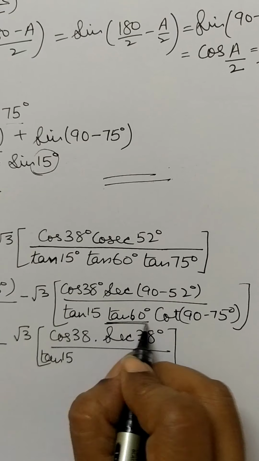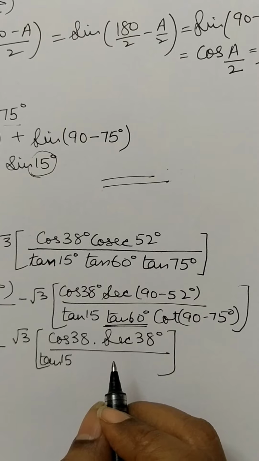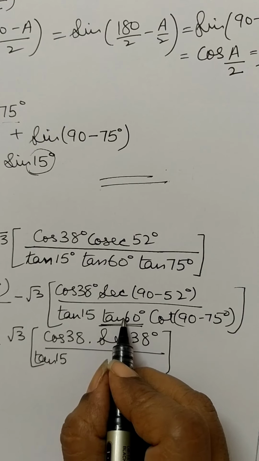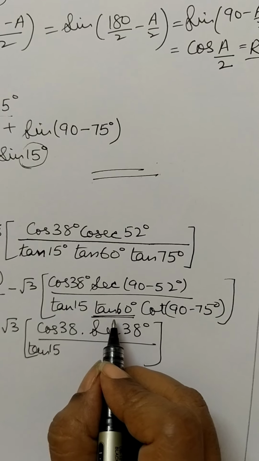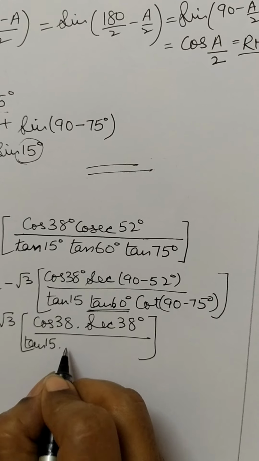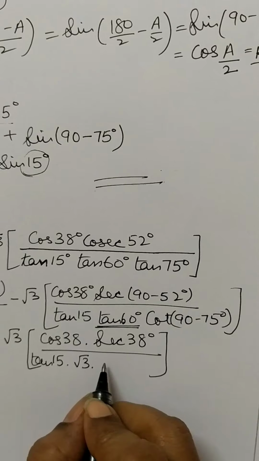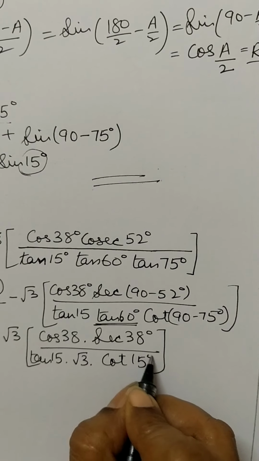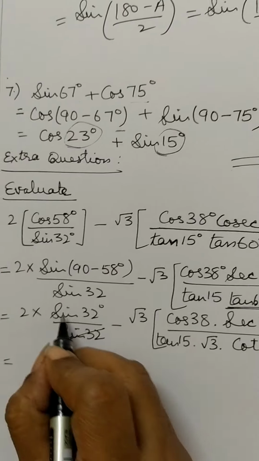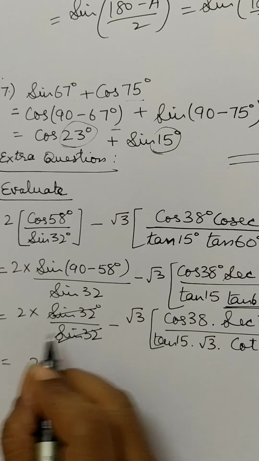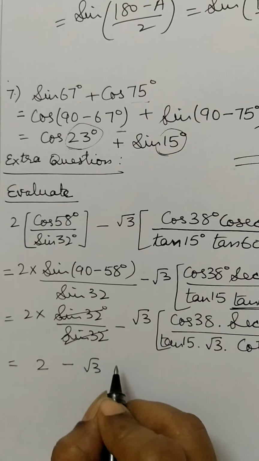Now for tan 60, from the table we formed last time for specific angles of trig ratios, tan 60 degree was root 3. And cot (90 minus 75) can be written as cot 15. This is cancelled. We get 2 here. 2 into 1 is 2, minus root 3.